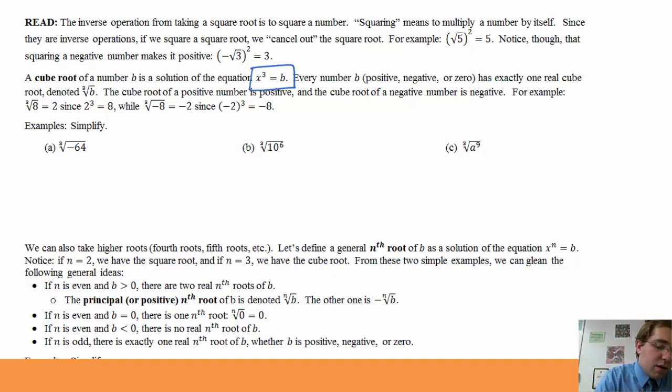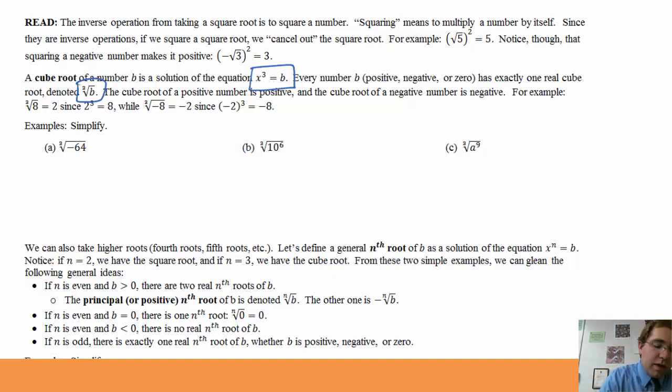We call that the cube root of b. The cube root of a positive number is positive, the cube root of a negative number is negative. So the cube root of 8 is 2, because 2 to the third power is 8. The cube root of negative 8 is negative 2, because negative 2 to the third power is negative 8.